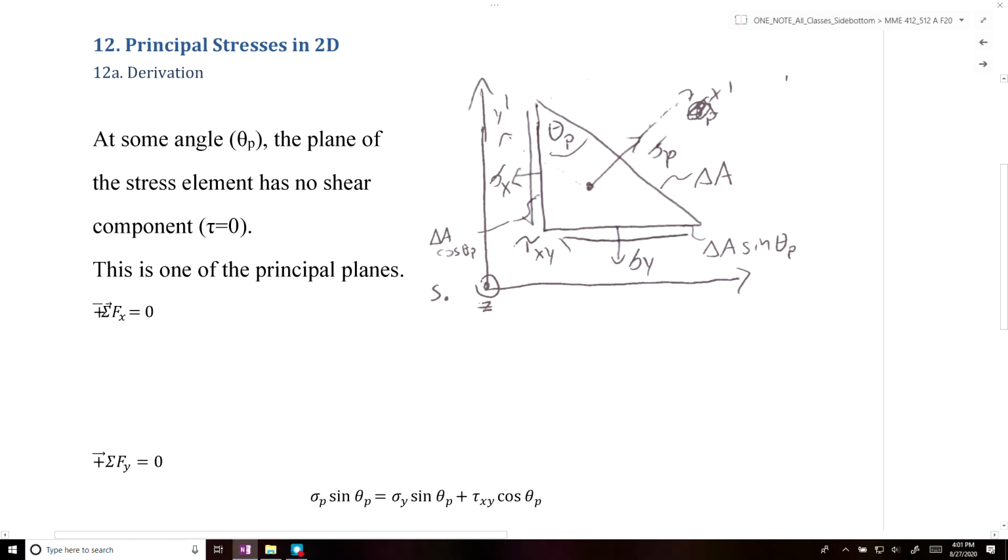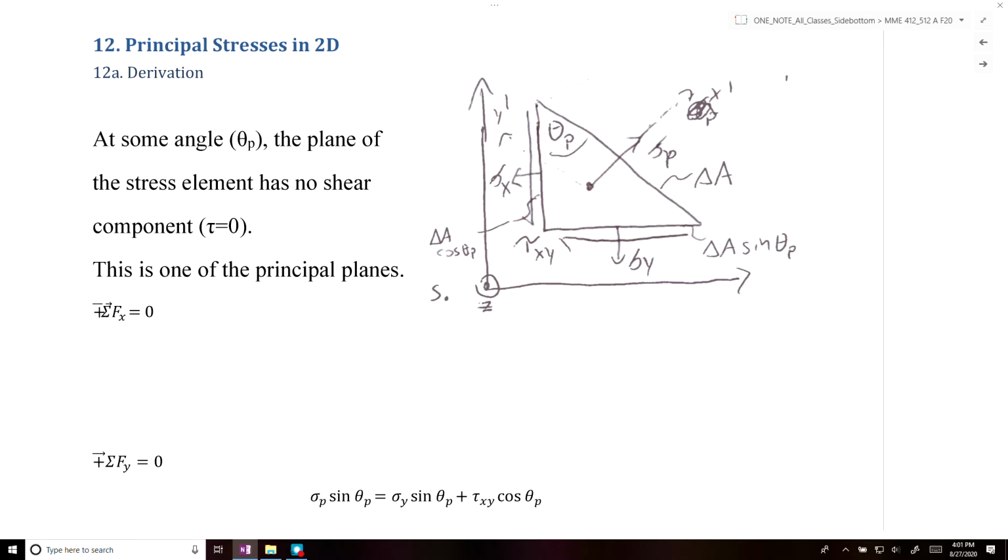So in this example, we're going to talk about how you can determine the principal stress for a 2D state of stress. We're going to talk about principal stresses a little bit more in about two to three weeks, including their significance and how you can use them to predict failure within materials.